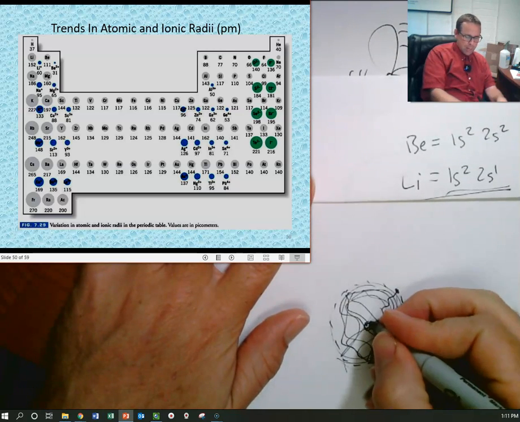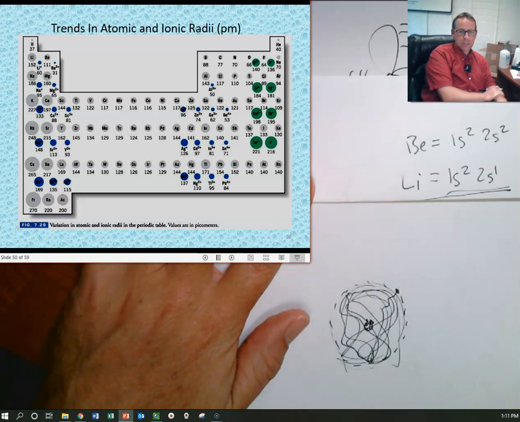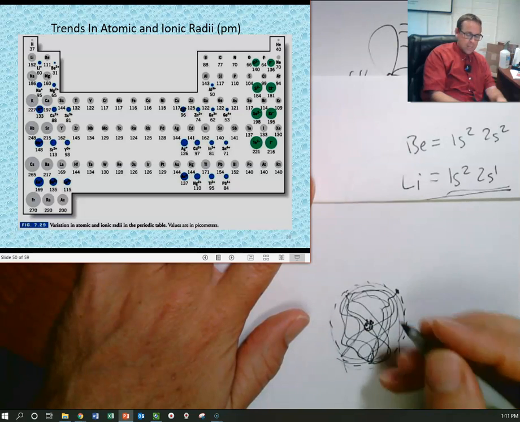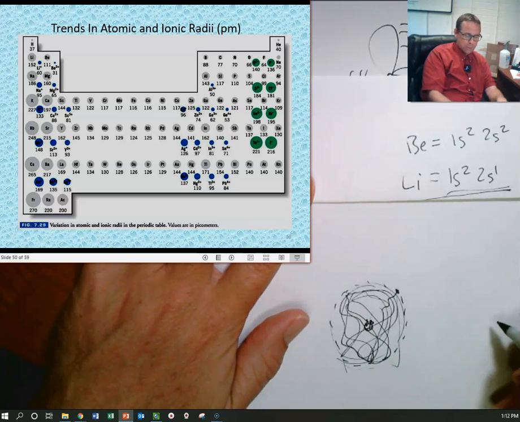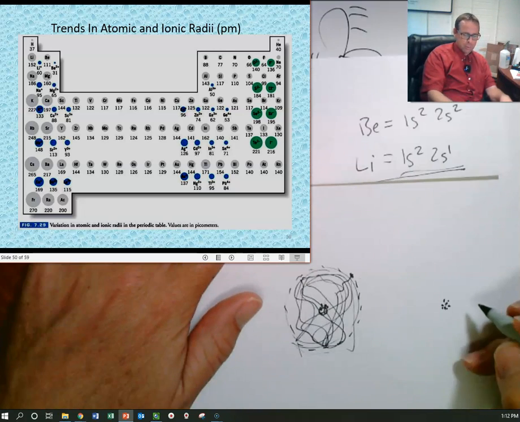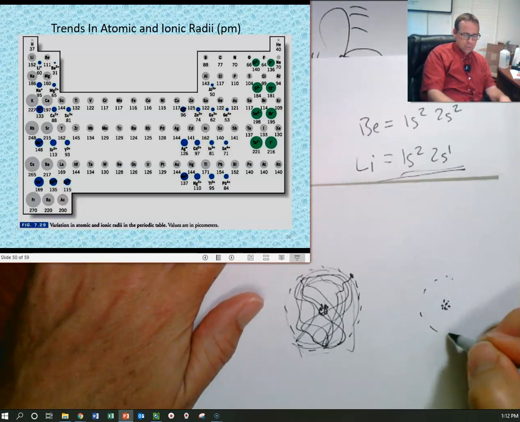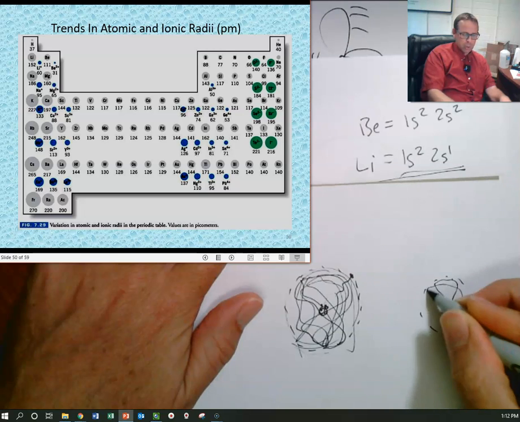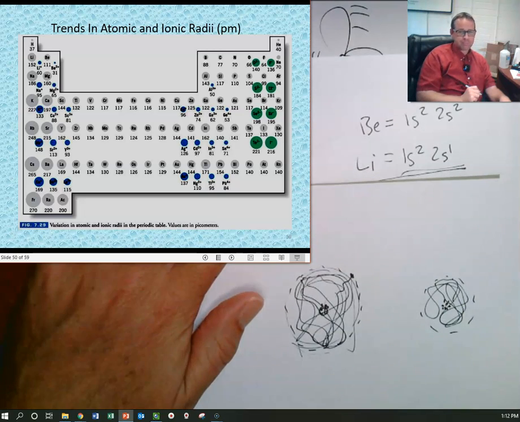All right. If you add an additional nucleon, an additional proton specifically, right, then that allows more kind of parental figures to prevent the kids from roaming too far away. All right.